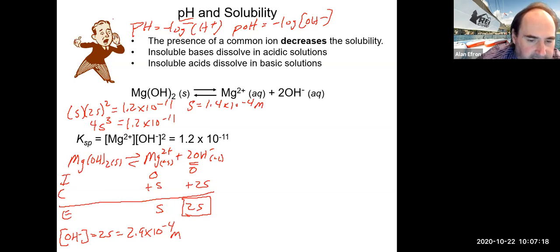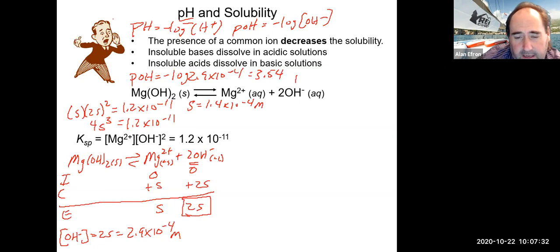And if we then put that into our pOH, minus the log of 2.9 times 10 to the minus 4, we get a pOH of 3.54 and a pH of about 10.46 here.